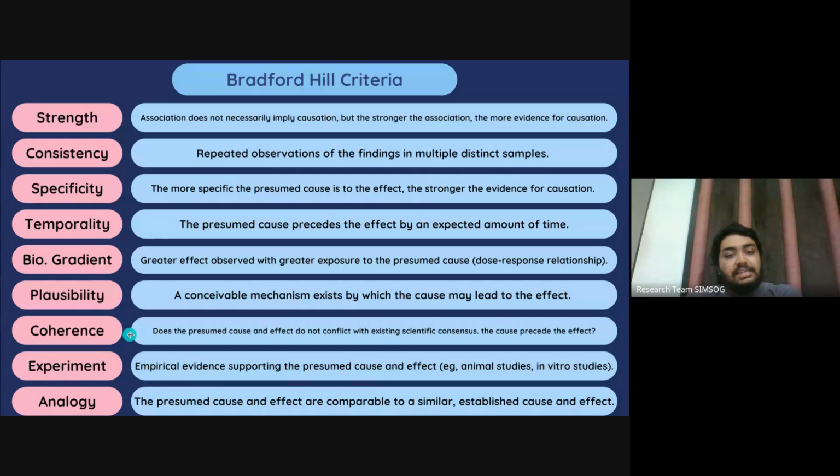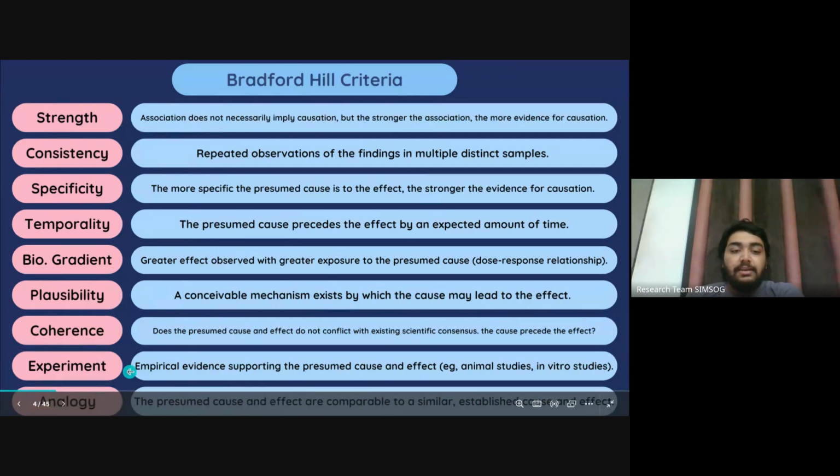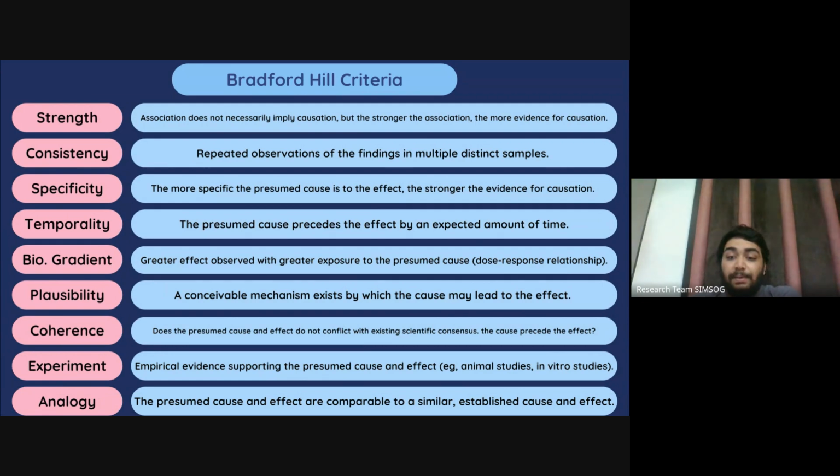Similarly, coherence: the presumed cause and effect should not conflict with existing scientific consensus. Experiment tells whether empirical evidence supporting the presumed cause and effect is present, for example animal studies or in vitro studies. This is self-explanatory, so I won't talk a lot about it. And similarly, analogy: the presumed cause and effect should be comparable to a similar established cause and effect. So this is what causal relationships are about.